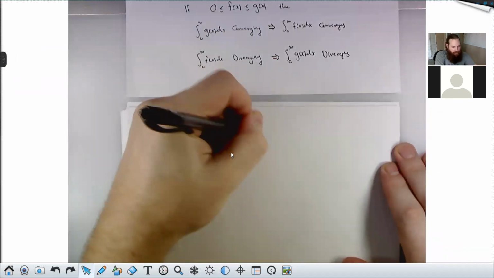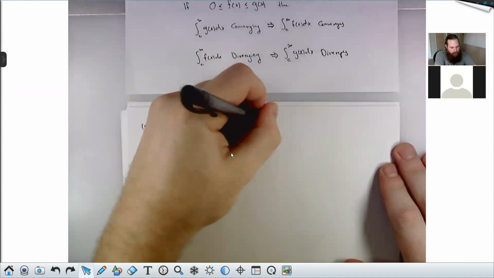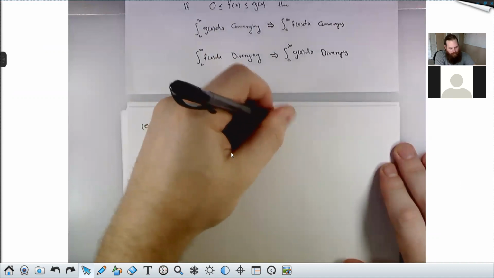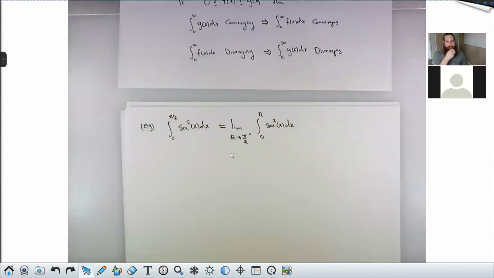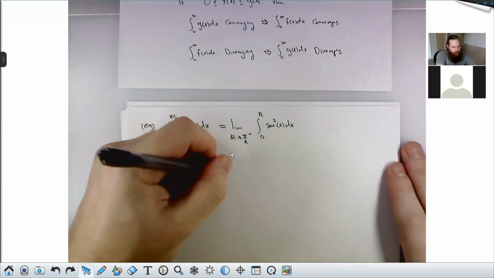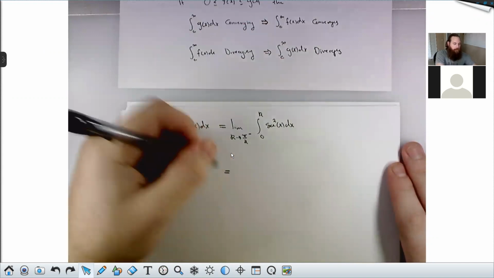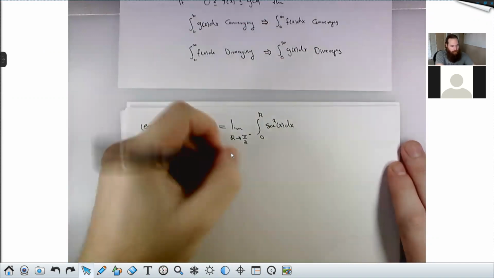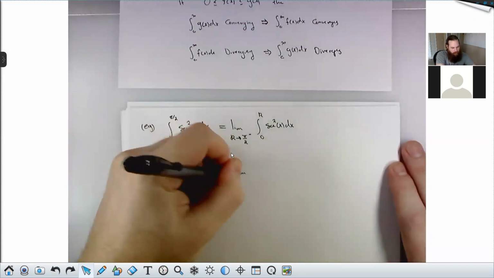And then integral 0 to r, secant squared x dx. Now, secant squared is easy to find an antiderivative for, so I don't need to futz about with any comparison theorem here. I can do the work directly.